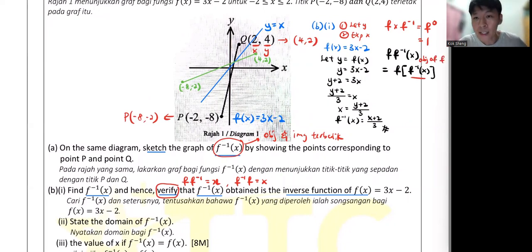Continue, sub in the f negative 1 just now, x plus 2 over 3. Again, this fraction is the object of f, so sub this over here. Can you see the yellow color? Maybe I have no space, I need to move aside first.